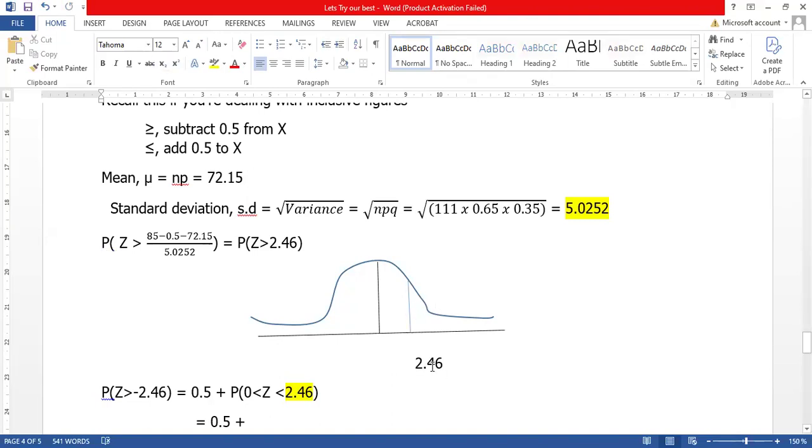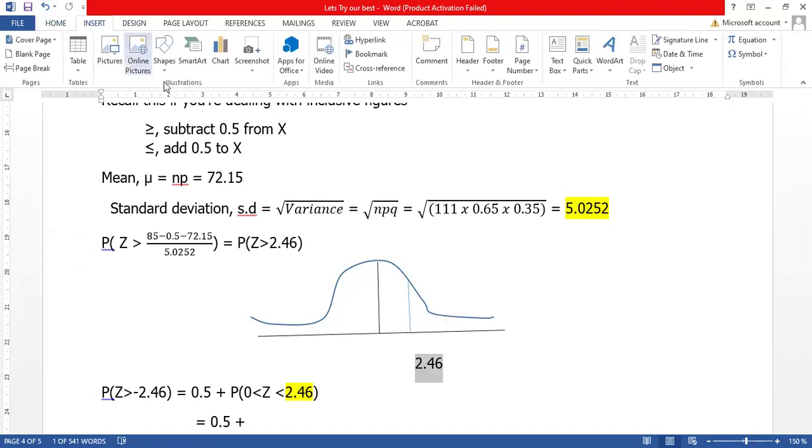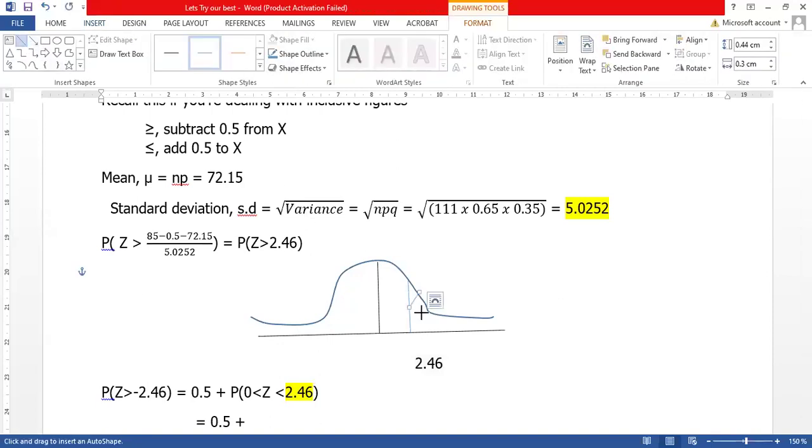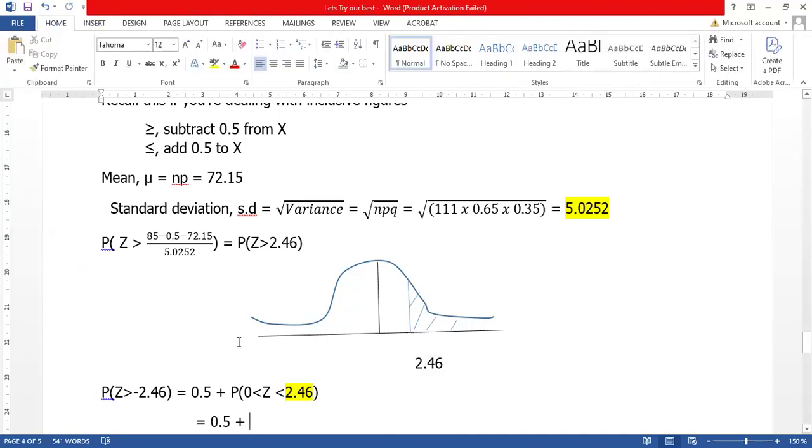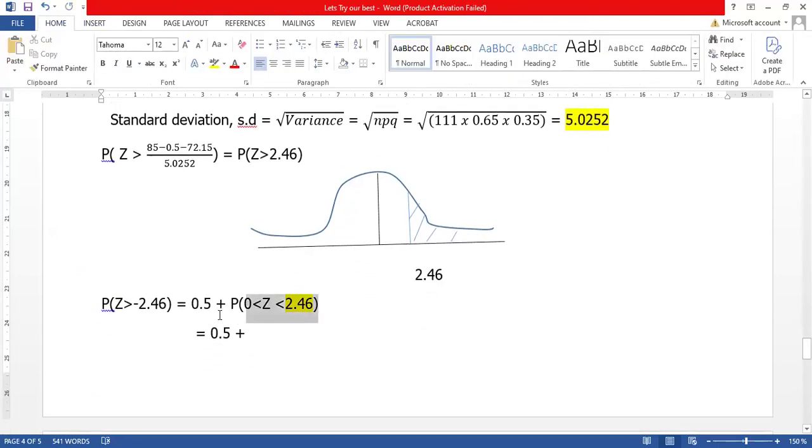You want figures greater than this, so you shade this side. So this one will also change, because you want only the shaded part. So it will be 0.5, because from this line to infinity it's 0.5.